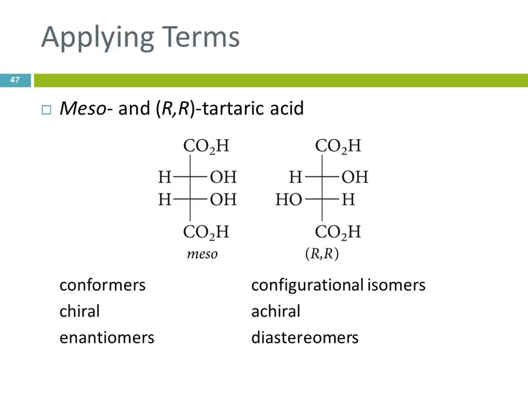Meso and RR tartaric acid. So this one has an R configuration and an R configuration around its two chiral carbons. And this one has an R and an S. I'm going to write that in. This one's R and that one's S. Are these configurational isomers or conformers?